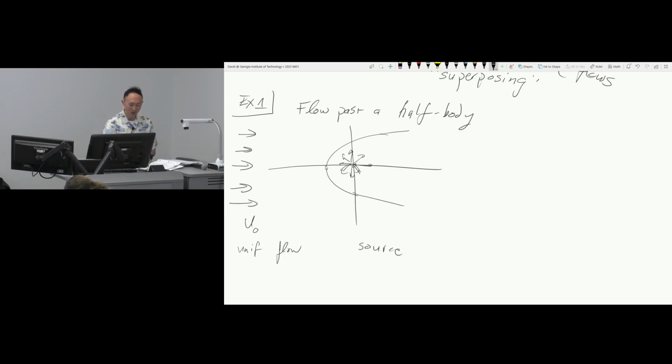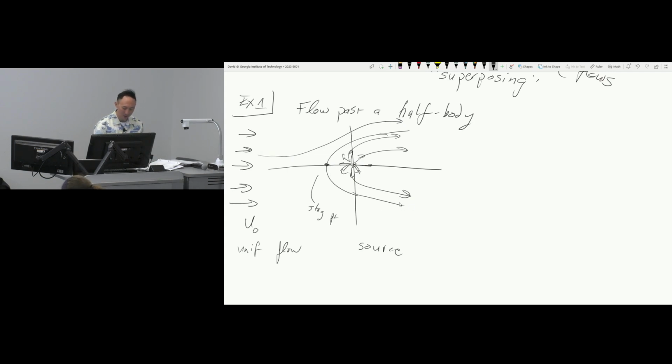And if it hits the uniform flow, there's going to be a point that's called the stagnation point. So this is the stag point. That's where my kitchen faucet fluid velocity is meeting my uniform flow velocity, and the stag point is when those velocities are equal. So if I were to draw the streamlines, this half body means that.